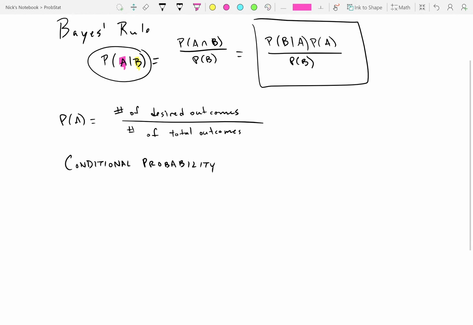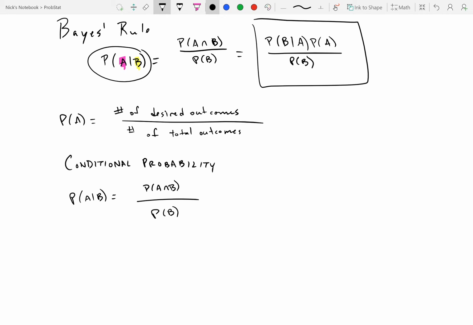So if we write this formula again, the probability of A given B. If you want to think about this, I should write this part first: the intersection.